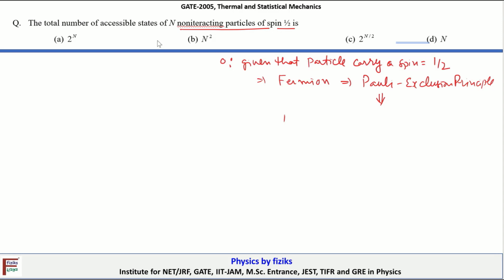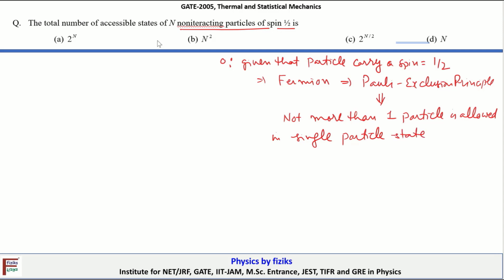Not more than one particle is allowed in a single particle state. So that means we will have as many states as the number of particles, so they will be equivalent.